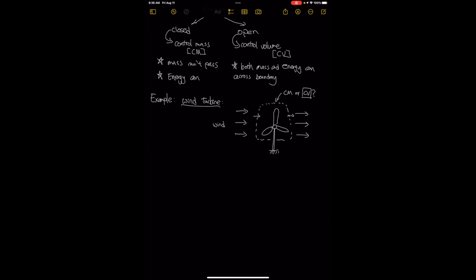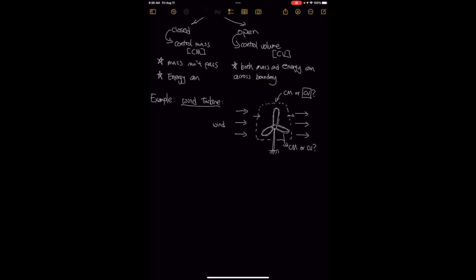And what if I change this boundary? Instead of drawing it on the outside, maybe I can just draw very close lines, or you can think of it as right on the edge of the turbine blades, right? If that's the case, I want you guys to think again, is it control mass or control volume, and why?